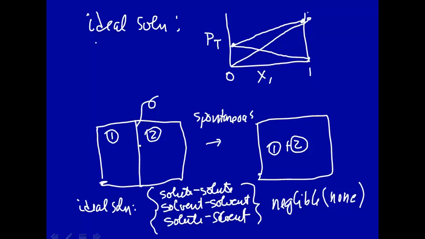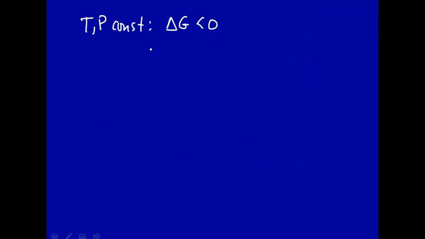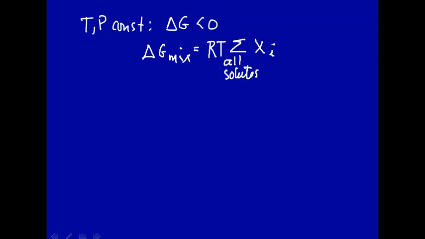So, as you might expect, you get the exact same expression for mixing of the two solutes for delta G: just RT times this sum over all solutes of the mole fraction of the solute times the natural log of the mole fraction of the solute. So these are mole fractions here.